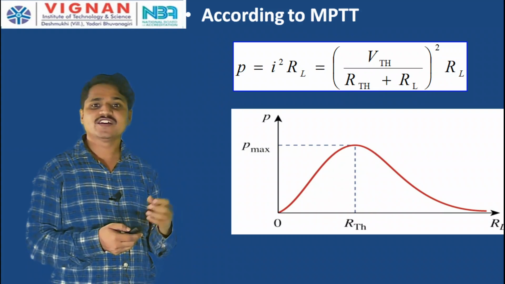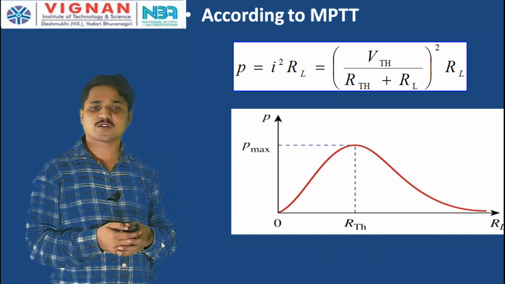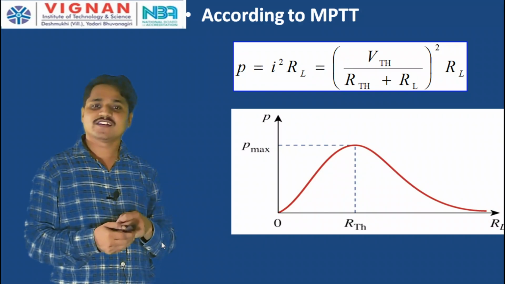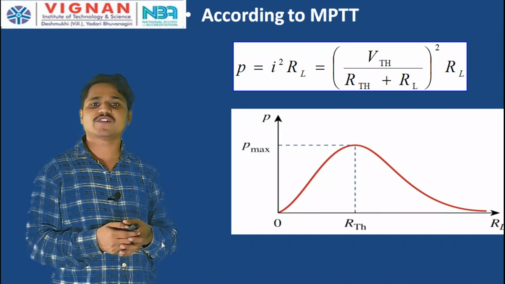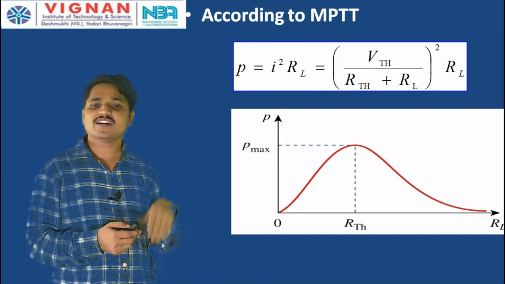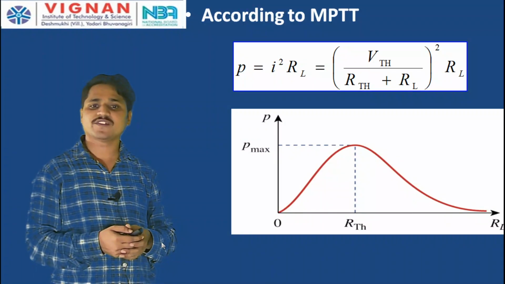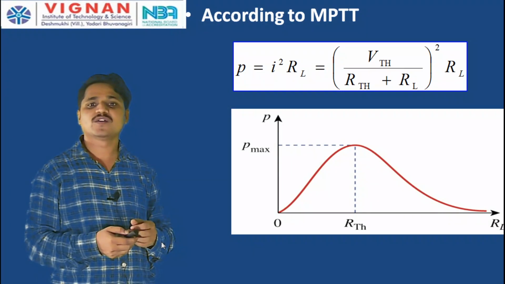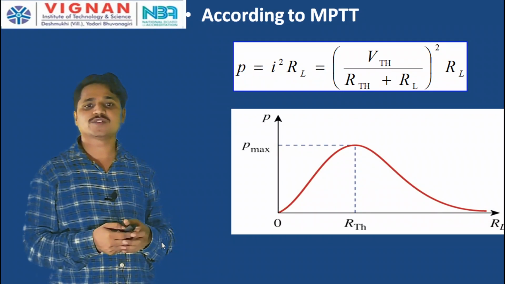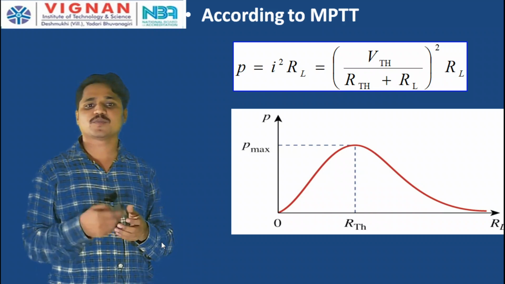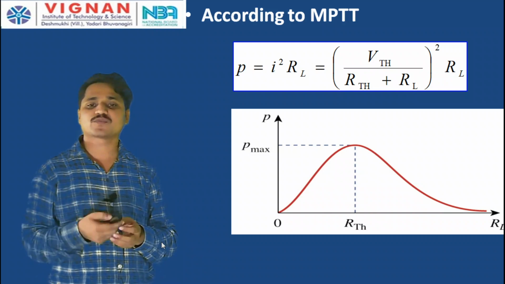When you obtain the Thevenin equivalent circuit for the given network, you can easily find the current flowing in the network, that is V Thevenin divided by R Thevenin plus the load resistance, which is connected in series. Therefore, P is equal to V Thevenin by R Thevenin plus RL, whole square, into RL. This much is the maximum power transferred from the source to the load.